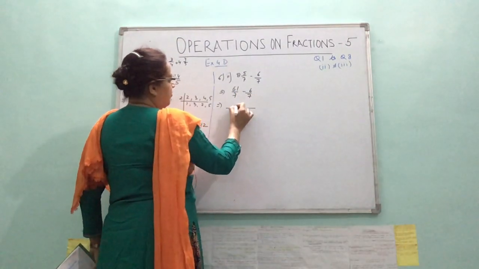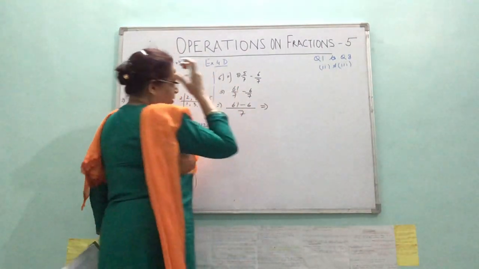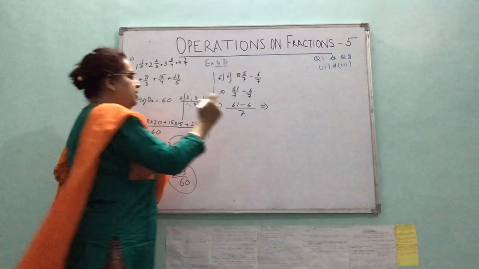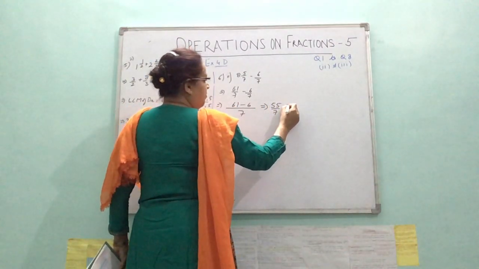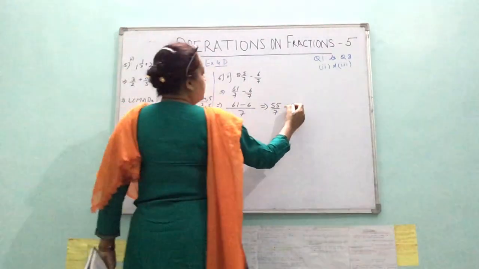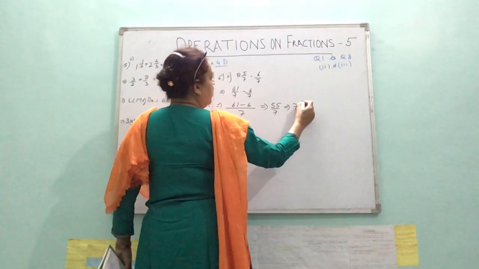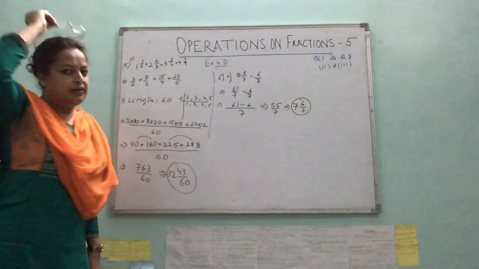Common denominator, subtract, find the difference of numerators. So 61 minus 6 would be 55 by 7. Now it is an improper fraction, so we convert it into a mixed fraction. 7 times 7 is 49, 6 by 7. That would be your answer. Right children?